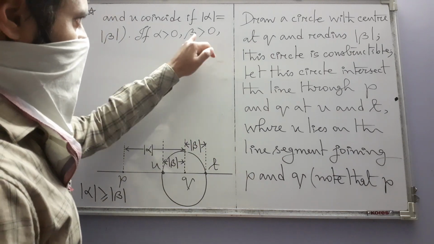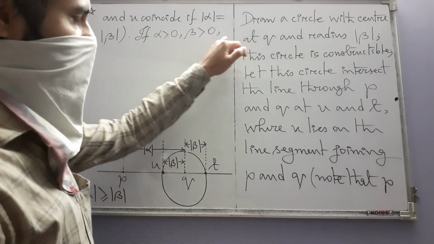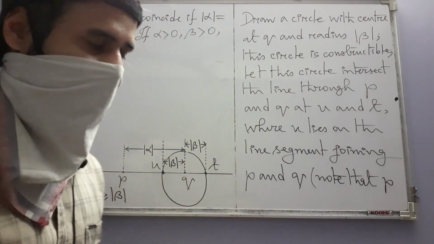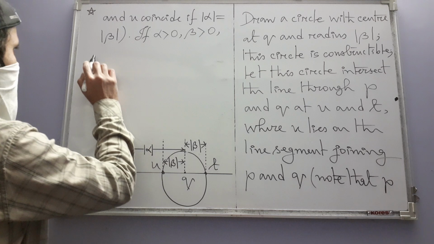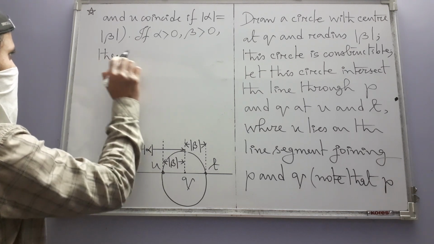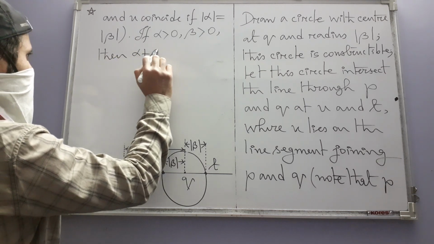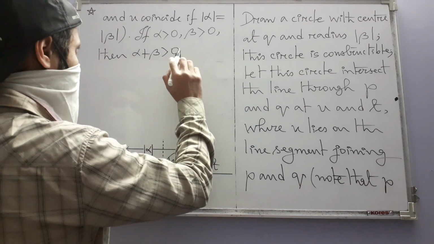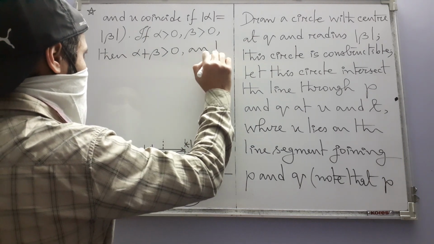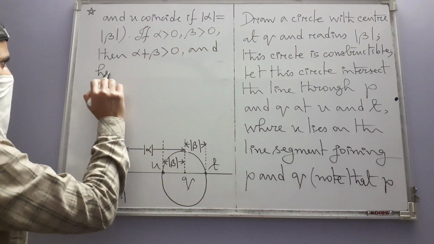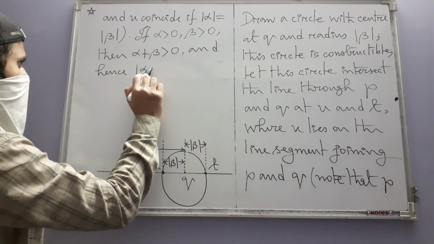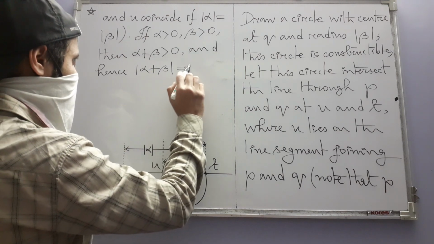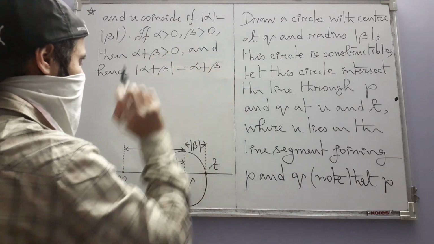If they are positive, then clearly alpha plus beta is also positive, and hence the absolute value of alpha plus beta is just simply alpha plus beta.